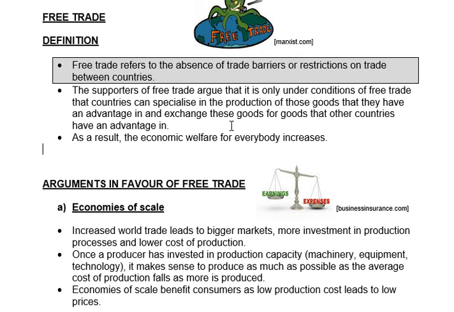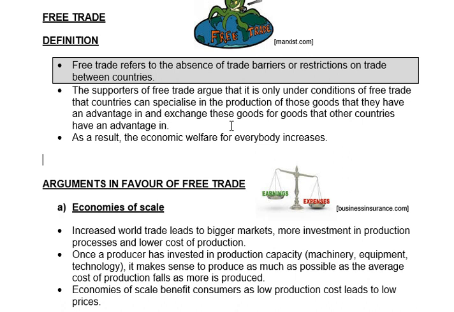And then the idea is that economic welfare for everybody will increase. Everybody can have access to everything that is produced all around the world, because countries will be able to import and export without restriction. Okay, that's the ideology.